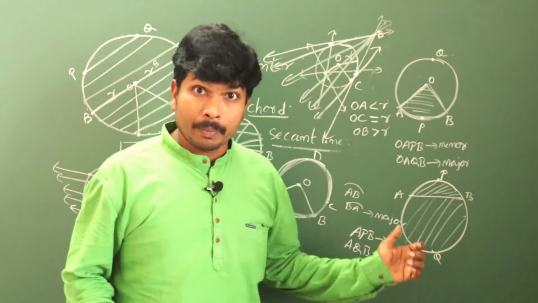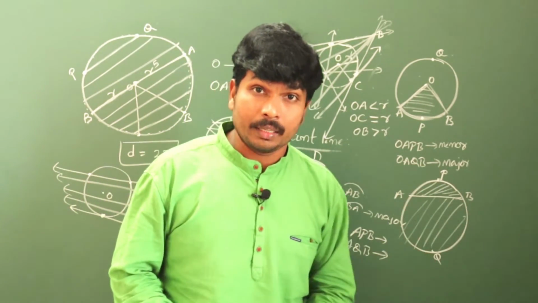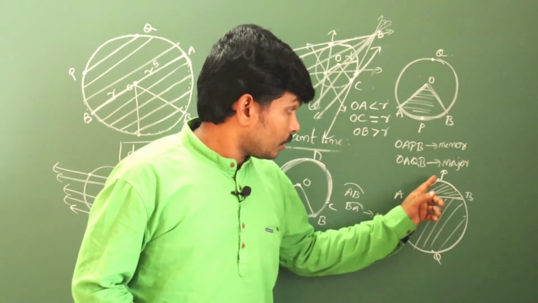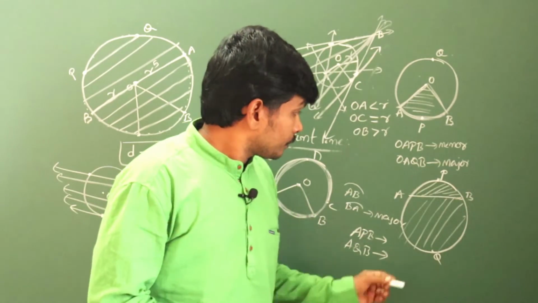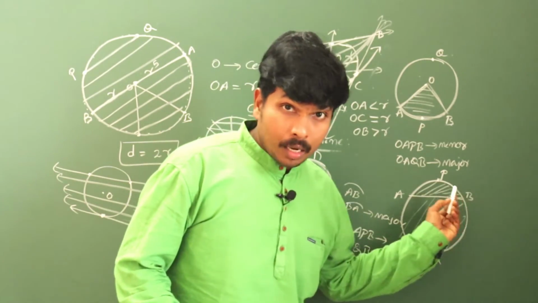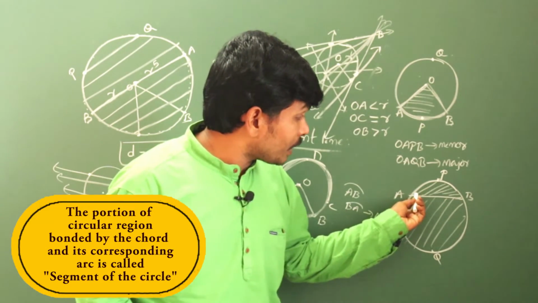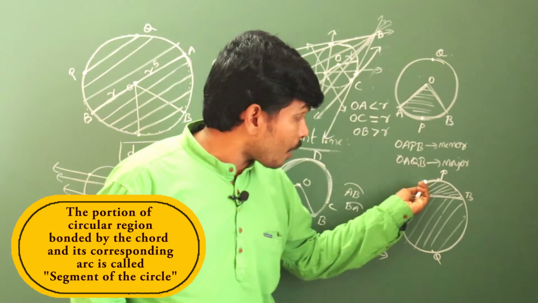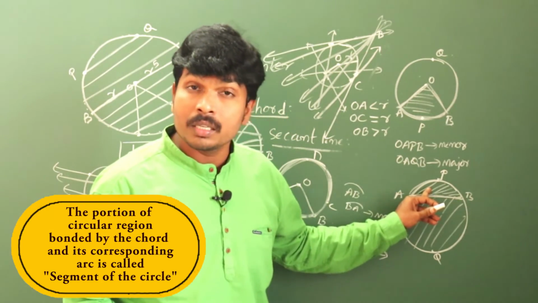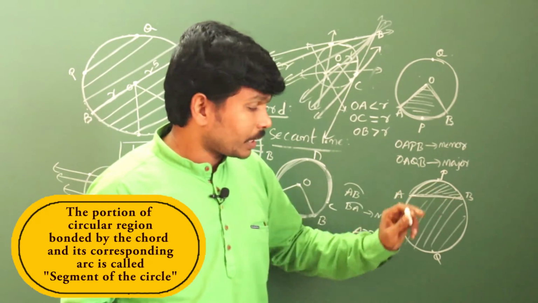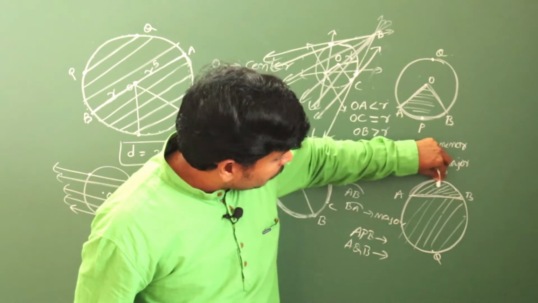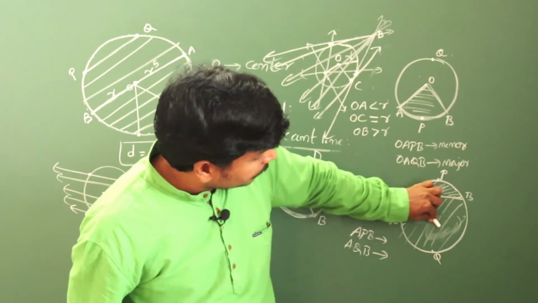Next term is segment of a circle. Here observe the circle and AB is the chord. The portion of circular region bounded by the chord and its corresponding arc is called a segment of the circle. So this is one region and this is the other region.